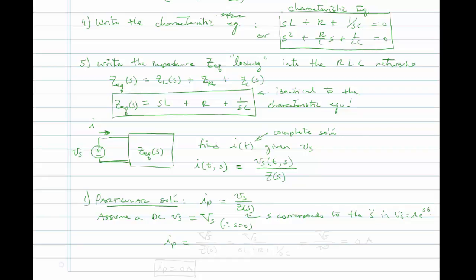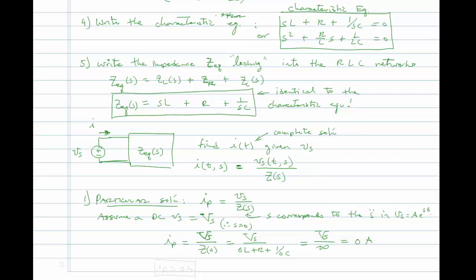Ip is going to be equal to Vs, this constant now, capital Vs, divided by Z evaluated at 0. And what is that? I'll have 0L plus R plus 1 over 0C. Well, this last term, 1 over 0C, blows up. It goes to infinity. So I have the constant Vs divided by infinity, and therefore the current that's flowing in steady state is 0.